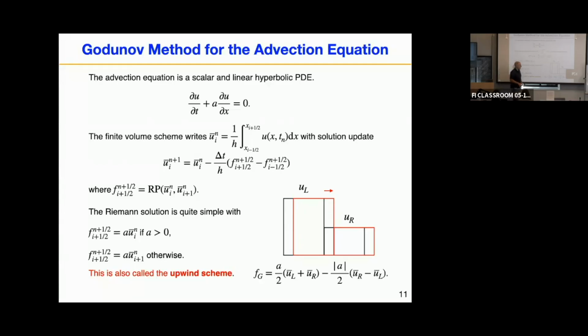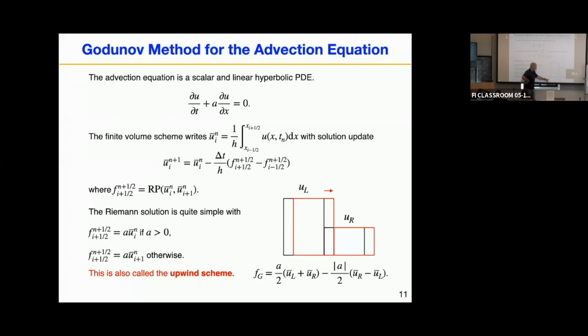And what's nice, you don't see it, but you can see it in your slides. Depending on the sign of A, you can write this flux in a compact form like that, without writing a test, like a condition like that. You can write it directly like that using the absolute value of A. Okay, and that's the key point to understand: this numerical flux, this Godunov flux, contains two terms.